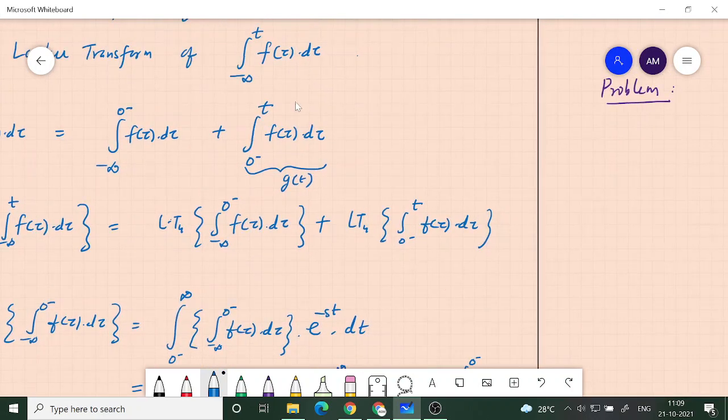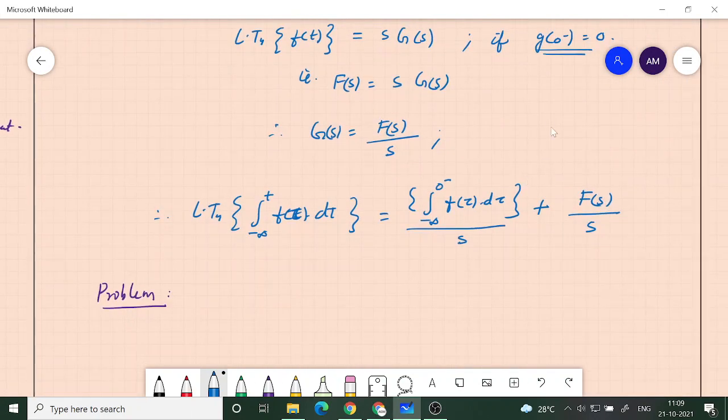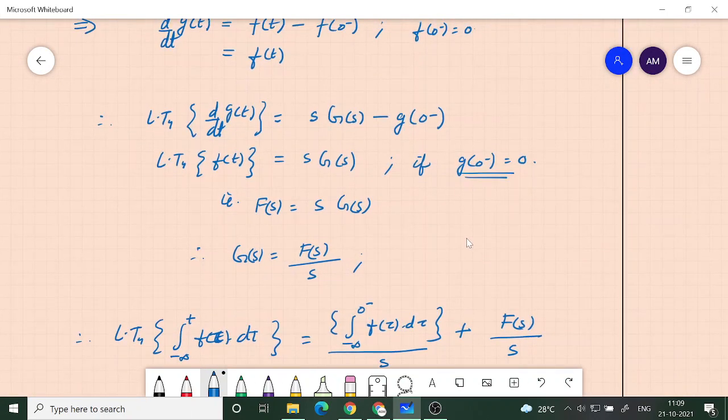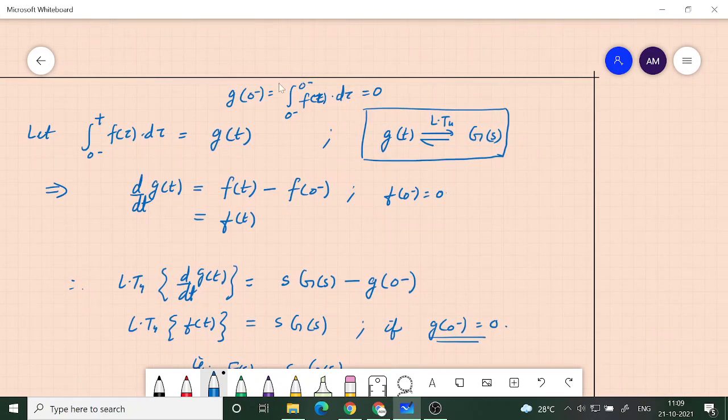Now we have another part, from 0 minus to t, which I call g of t. What is the Laplace transform of the derivative of g of t? According to the formula, it is s G of s minus g of 0 minus. But g of 0 minus, according to the definition, is 0, because it is 0 minus to 0 minus integration.